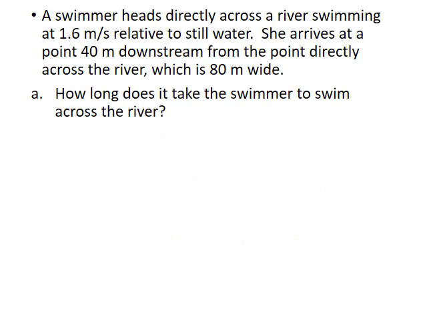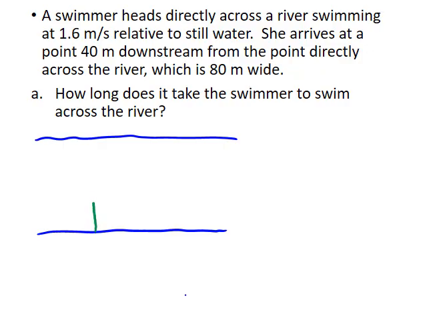To illustrate the basic idea here, we're going to look at how we can solve a constant velocity problem in 2 dimensions. So let's draw a sketch of what's going on. The swimmer can swim this way if there's no current.